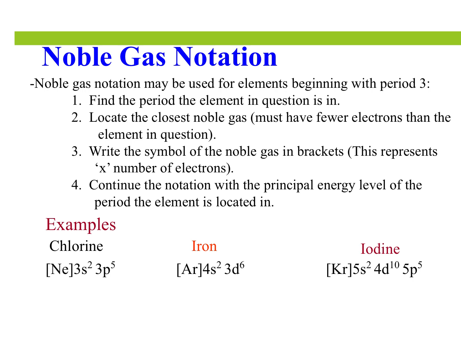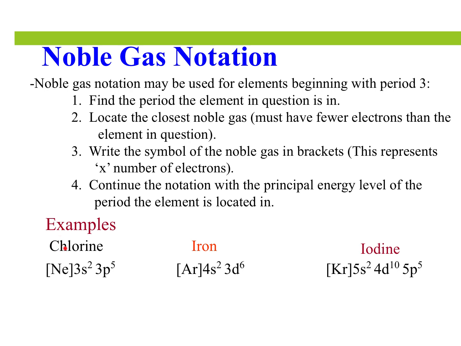We find the element we're trying to write the electron configuration for, then locate the closest noble gas that comes before it, so it has to have fewer electrons than our element. We write the symbol of the noble gas in brackets, and then continue on with the rest of our electron configuration.